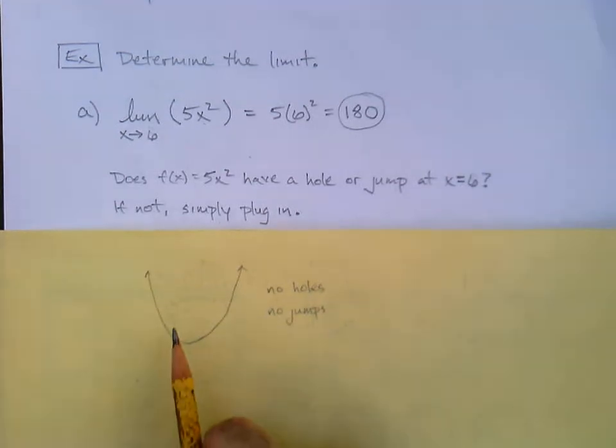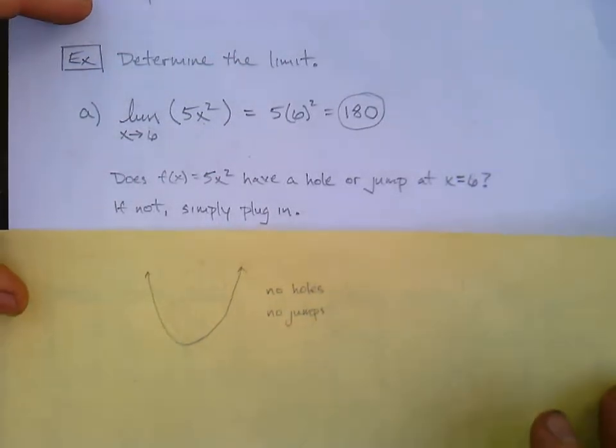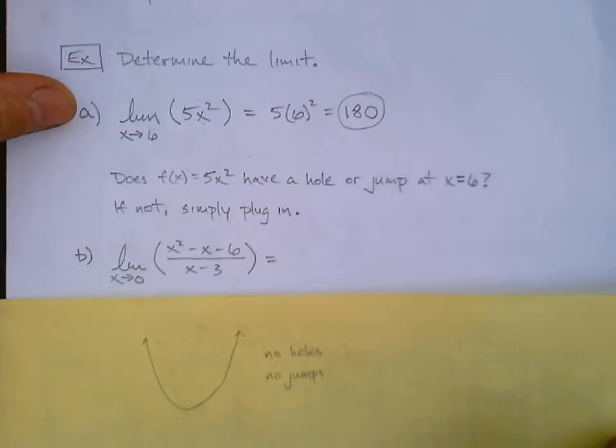Turns out there is another case. Vertical asymptotes also give us problems, but we'll encounter those soon enough with limits. For now, just think holes and jumps. Are there any holes or jumps? If no, we can plug in. Okay, well, moving on. Let's take a look at this.